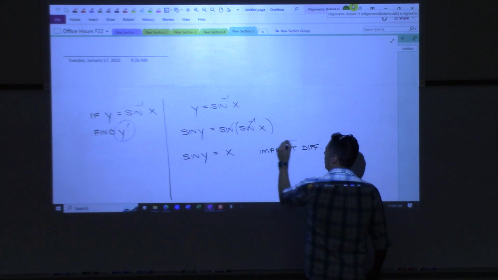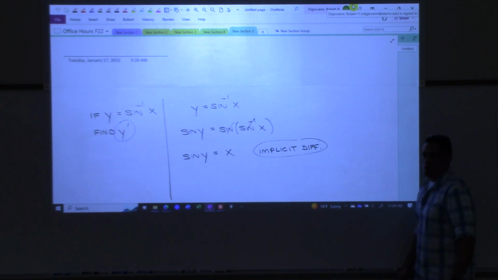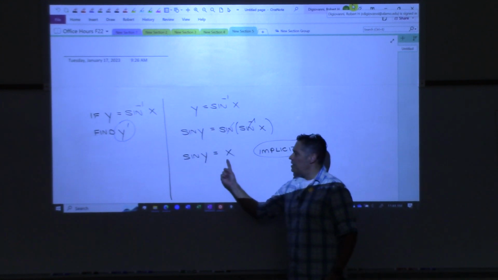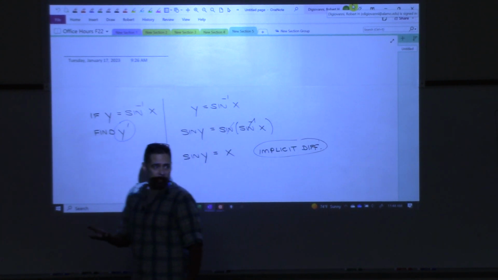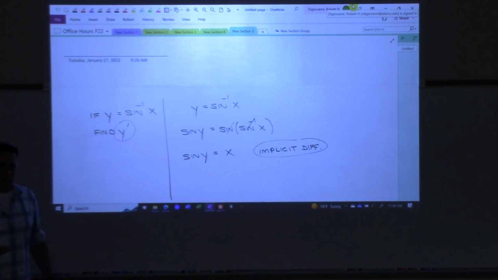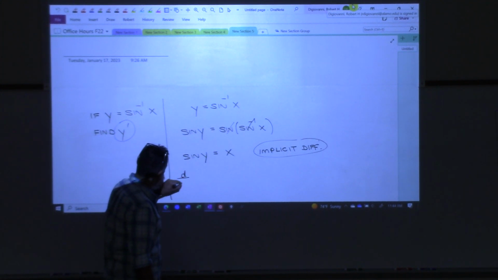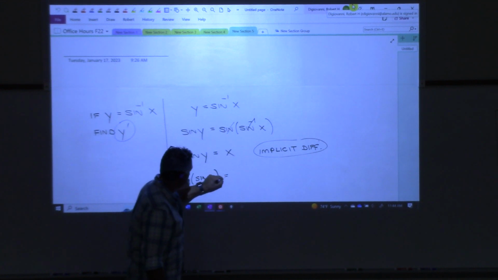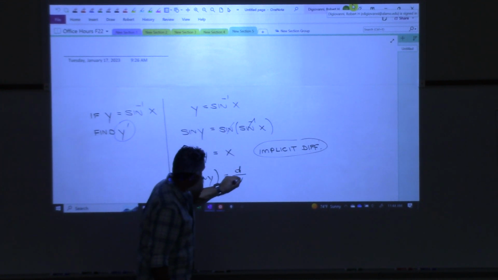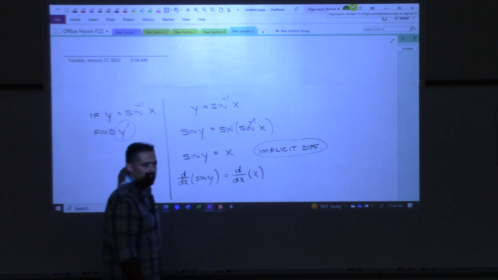I'm putting it there in case you need to go back and look it up. What I'm going to do is differentiate both sides of the equation with respect to some variable. And in this case, I'm going to do it with respect to x. So I'm going to take the derivative with respect to x on the left, and then the derivative with respect to x on the right.